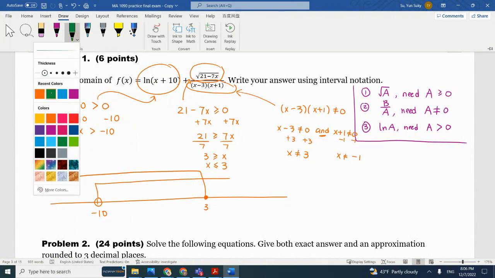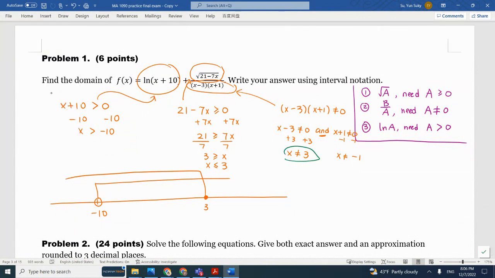Next one, x not equal to 3. That means take out the point 3. And then x not equal to negative 1. Take out the point negative 1. What's left? See, we have negative 10, not include the endpoint, so parentheses.